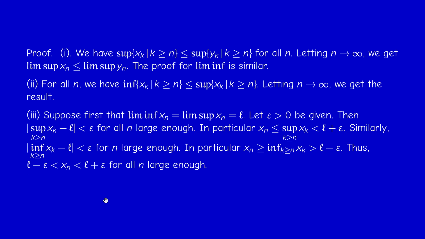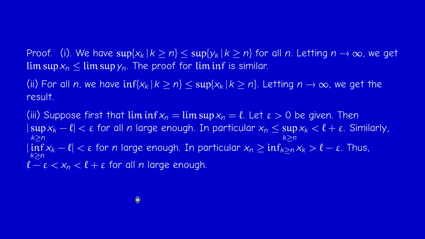Since epsilon was arbitrary, this precisely means that xn converges to L, because this just means that xn minus L in absolute value is less than epsilon. So this is one direction, and this is the easiest part actually. We proved that if the liminf and the limsup coincide, then the sequence is convergent to the same common value.